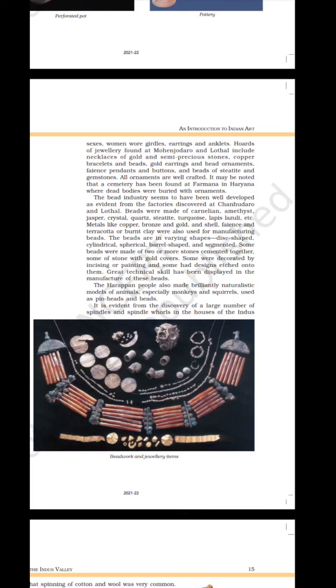Beads were made of carnelian, amethyst, jasper, crystal, quartz, steatite, turquoise, lapis lazuli, etc. Metals like copper, bronze, and gold, and shell, faience, and terracotta or burnt clay were also used for manufacturing beads. The beads are in varying shapes: disc shaped, cylindrical, spherical, barrel shaped, and segmented.